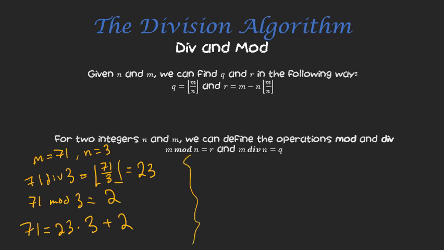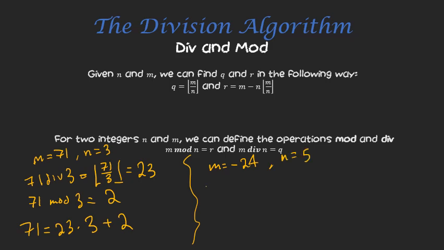And this works as well for negative values of m. Remember, we restrict n to be positive. But m can be negative, so we could do something like negative 24 as m, and how about n equals 5?